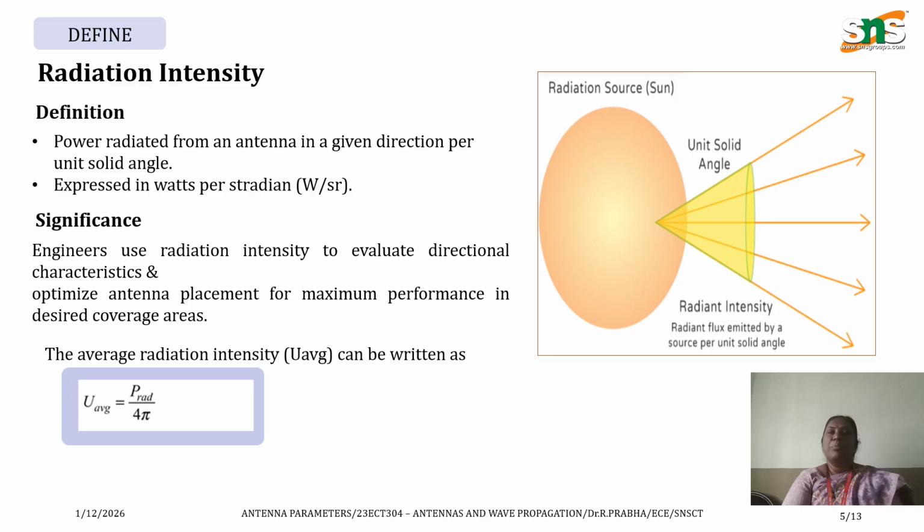And there is an important formula to calculate average radiation intensity, which is the ratio of power radiated to 4 pi. Here 4 pi is the total unit solid angles in a sphere, that is 4 pi steradians.